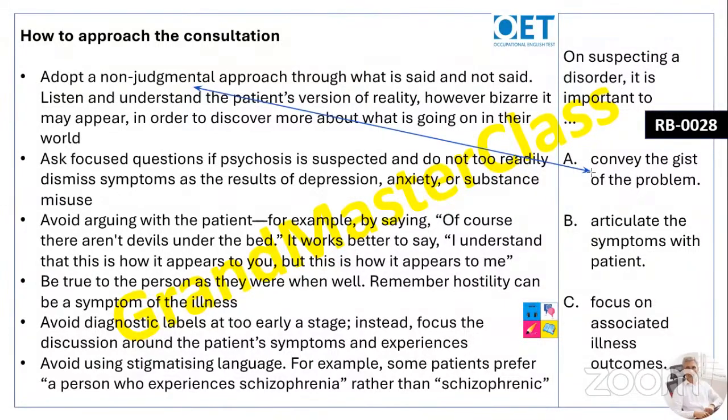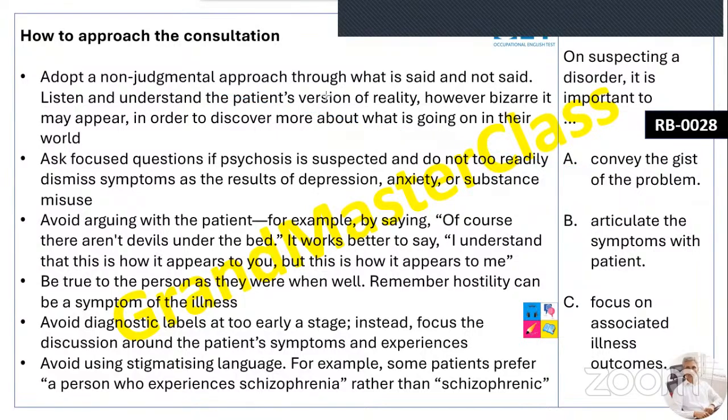Now, adopt a non-judgmental approach through what is said and not said. What he told, what he did not tell. That means you are involving the patient also. Don't just tell your opinion. Consider what he said and what is not said. He may not tell some things; he doesn't want to reveal them.